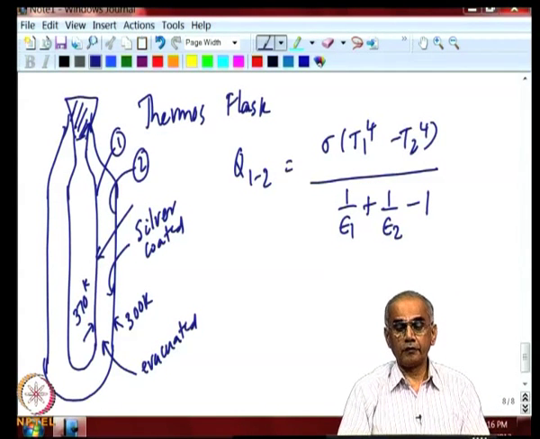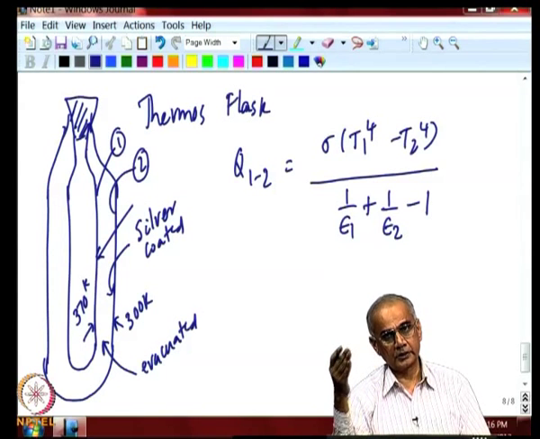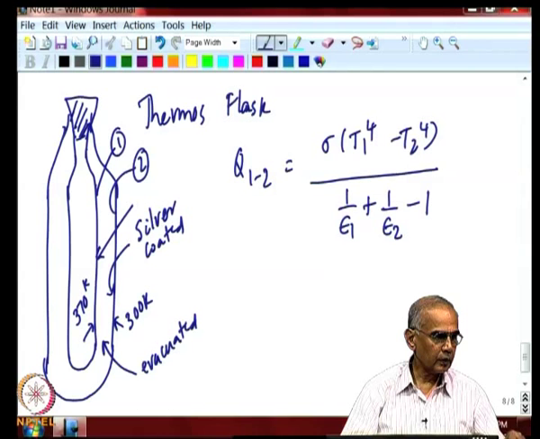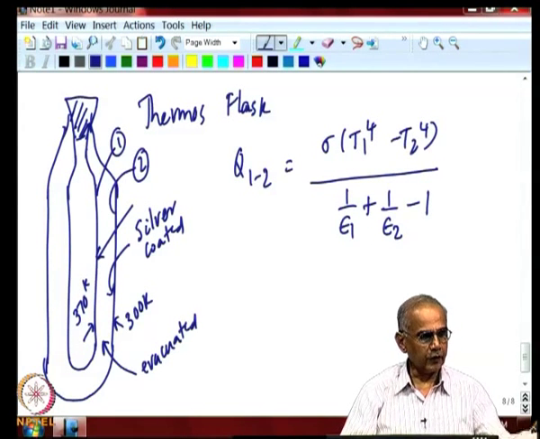So this is one result, but we will derive this result more rigorously in a subsequent lecture when we deal with highly reflective coating.